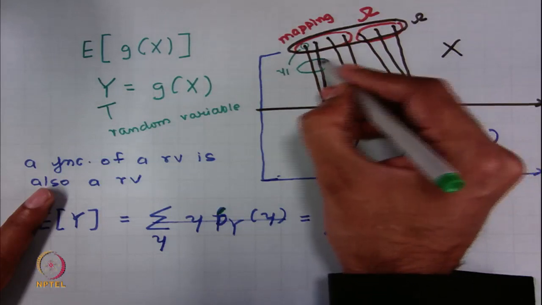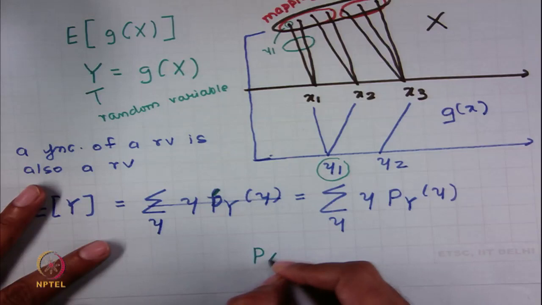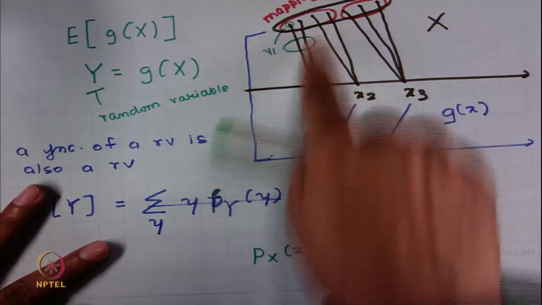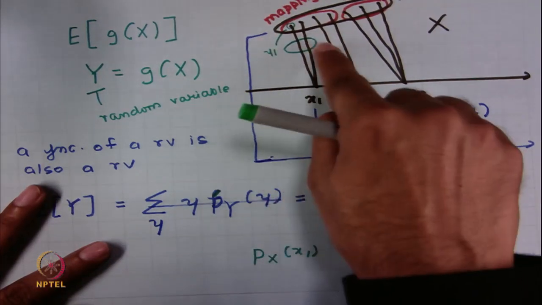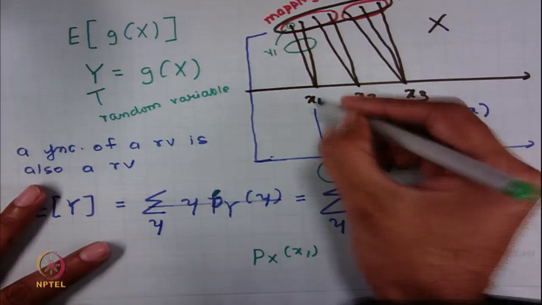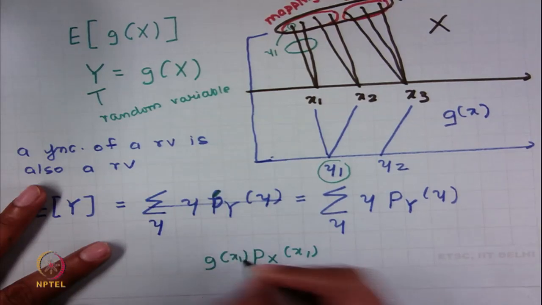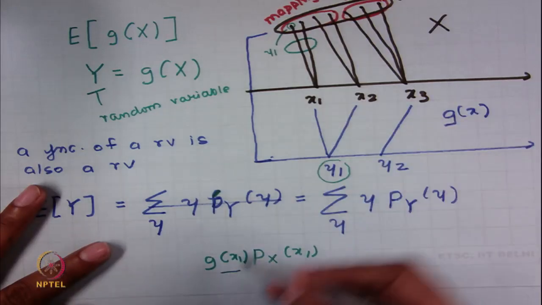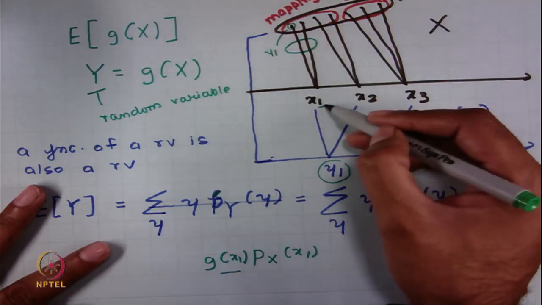Let us say this happens with a probability of this event, and when this happens, what is the value it takes? It takes the value g of x1. So, y1 is g of x1, and this happens with a probability of p of x1.